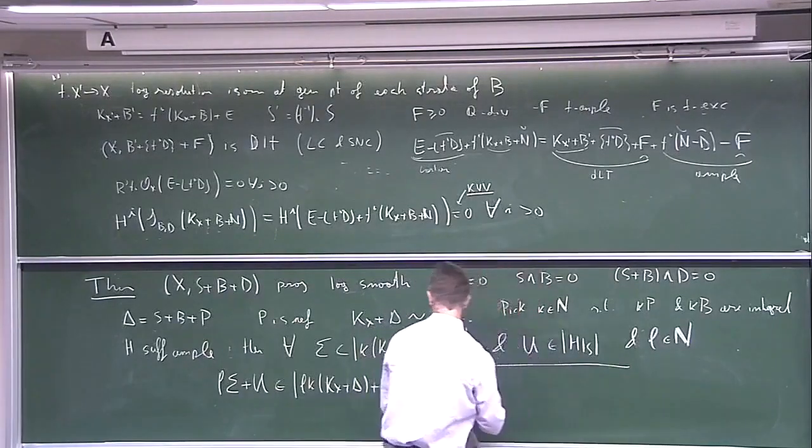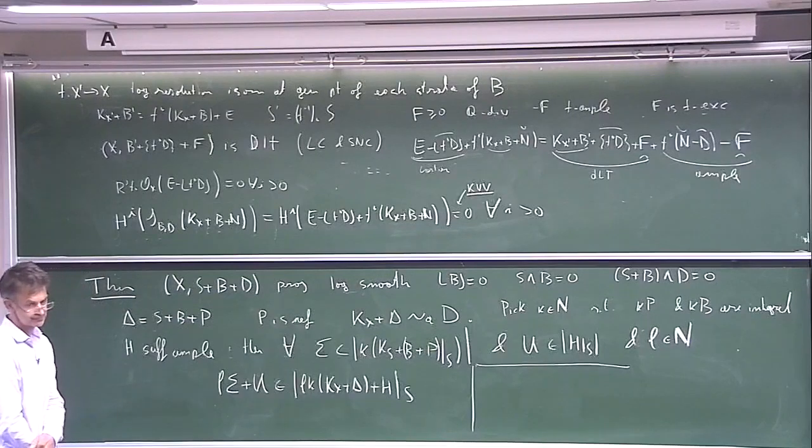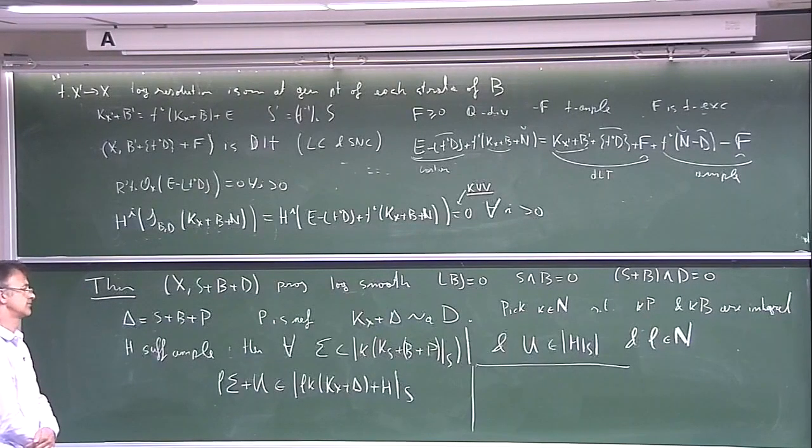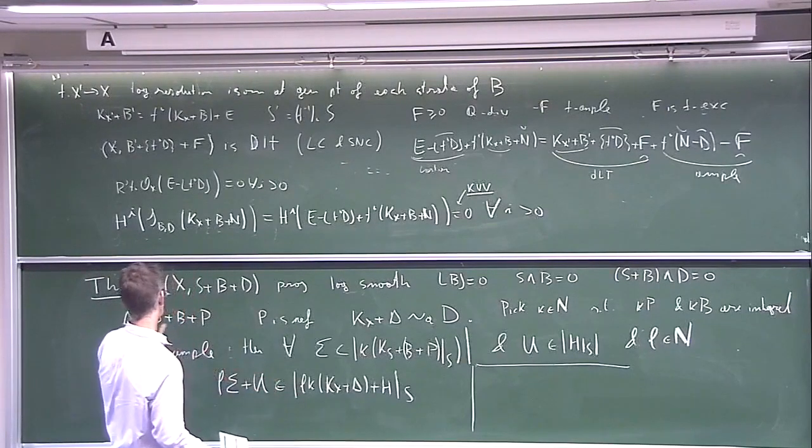I'm confused, yes. We are talking about K plus S plus B. Where did P come from? P is just to give you a bit more flexibility. Oh, there's no P here, you're saying. Wait, no, there is.